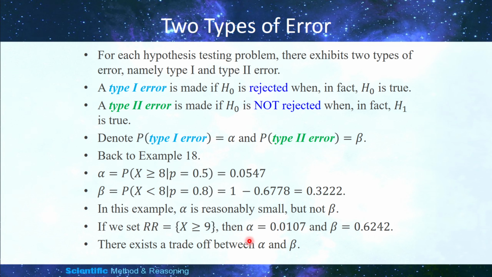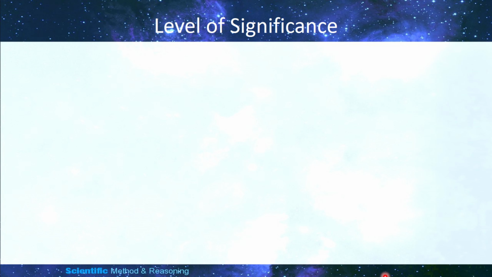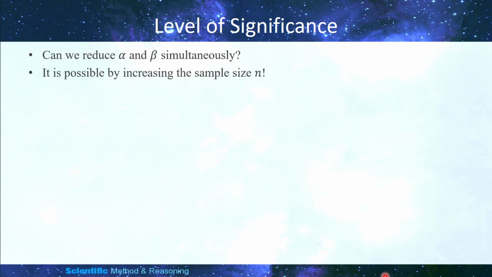So you can see that there exists a trade-off between the probability of committing a type 1 error and the probability of committing a type 2 error. So we have to be a little more careful to strike a balance between the two.